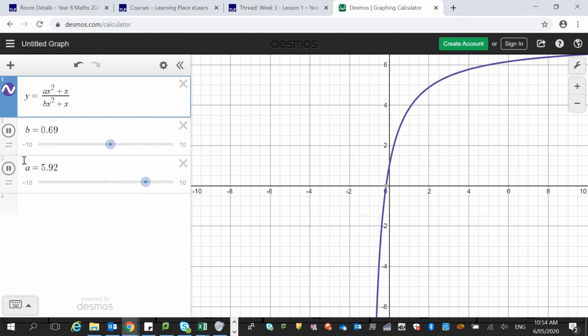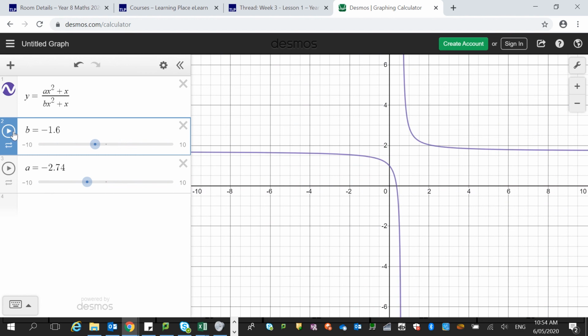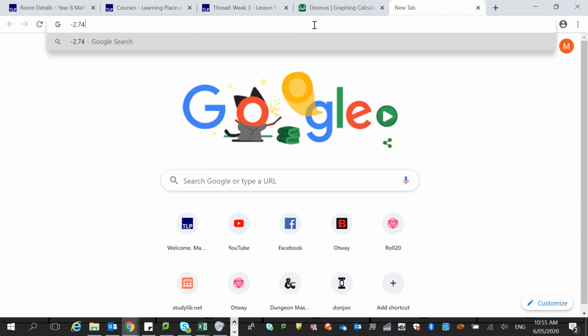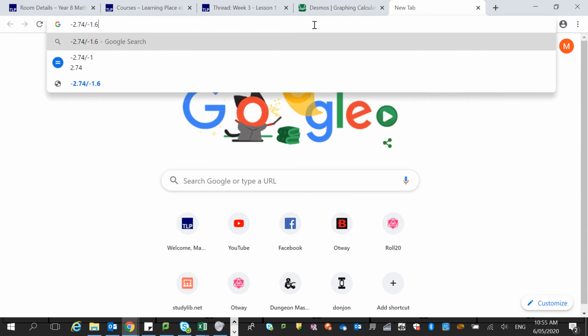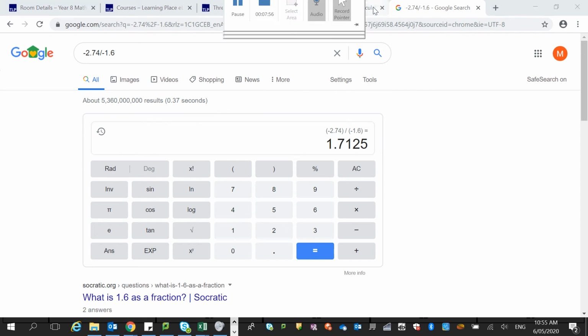The horizontal asymptote is always going to be A divided by B. In this case, it's negative 2.74 divided by negative 1.6, which equals 1.7125.